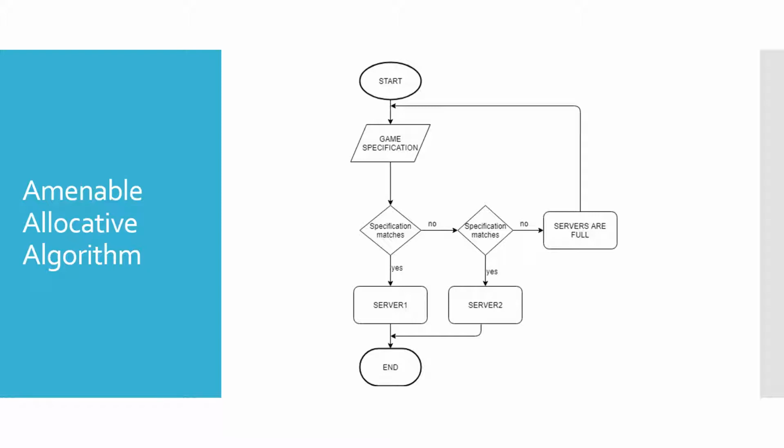If it is equal or lesser, it will directly move to the server, or else it will go to the next server and check whether the requirements are equal to the onboard CPU and GPU. If it is not equal, or if it is more than that, it will tell that the server is full, and it will go back to the game specification.